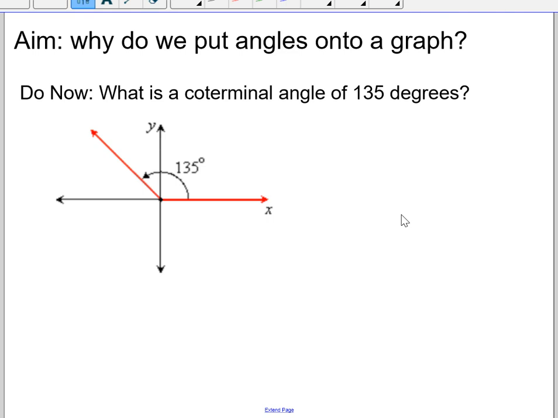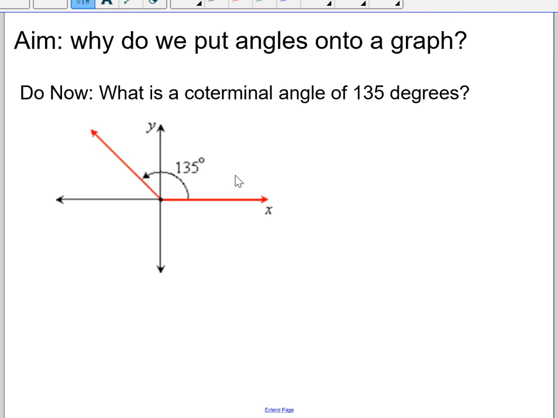Cool. So coterminal angles are angles that share the same initial ray and terminal ray. So what is a coterminal angle of 135 degrees? Well, the easiest one to spot is this angle, 135 degrees, going counterclockwise from the initial ray to the terminal ray.